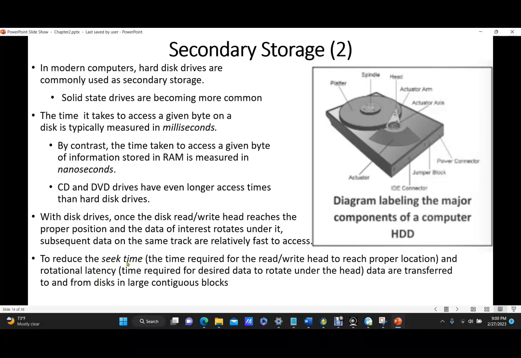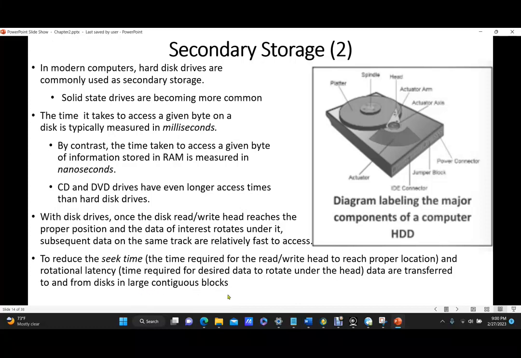Access time has two parts: seek time, the time that it takes to get the read-write head in the proper position, and rotational latency, the time it takes before the data gets under the head.